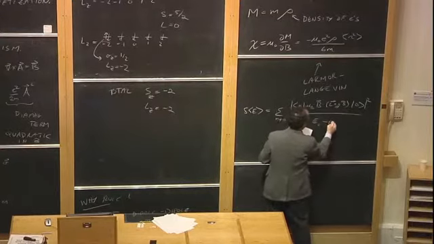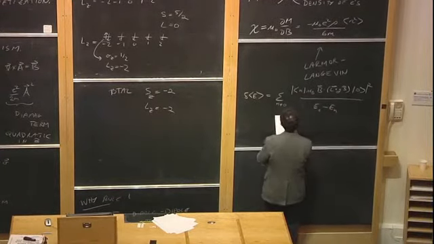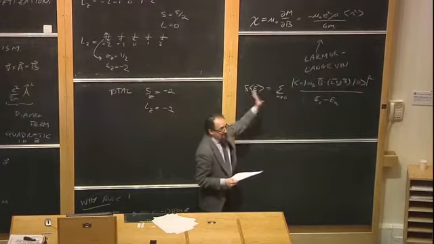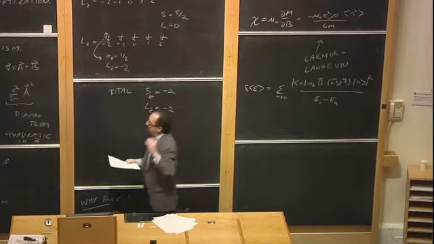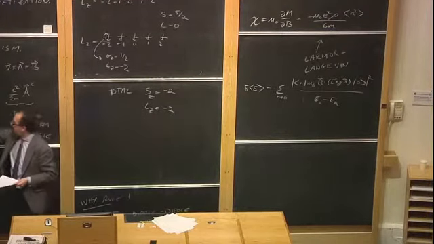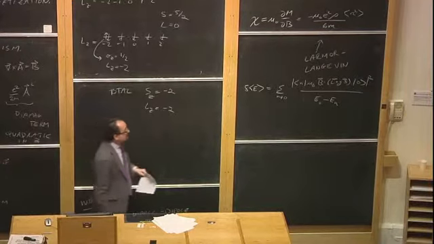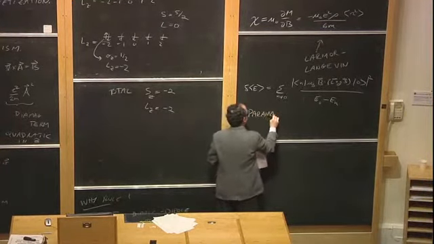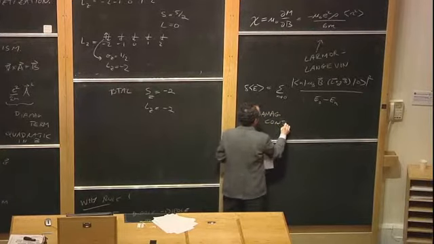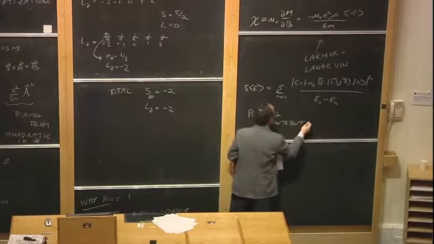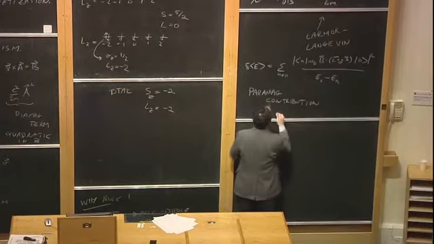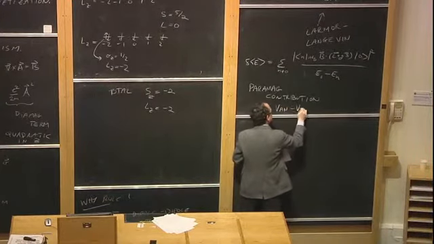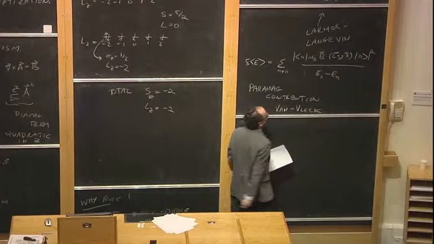This term is manifestly negative. The sign of the second order perturbation theory is manifestly negative, and so it would actually give us a paramagnetic contribution. It's known as Van Vleck paramagnetism, after the Nobel laureate who discovered it.